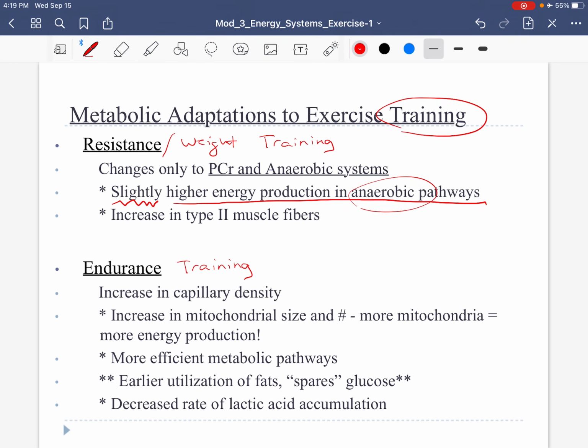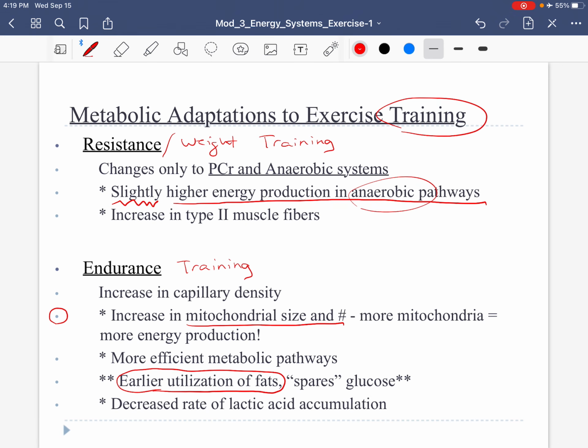When we have endurance training, we can actually increase the mitochondrial size and number. This is the part of the cell that produces energy. With endurance training, we can burn fats sooner. The fancy name for that is glucose sparing, but I think that may not be as easy to understand, so that's why I like to say we can burn fat sooner.